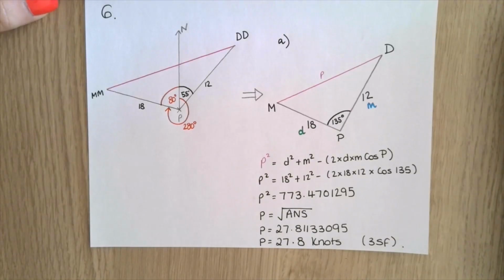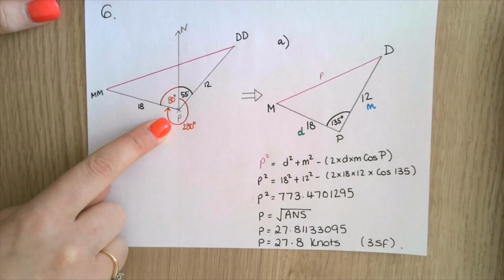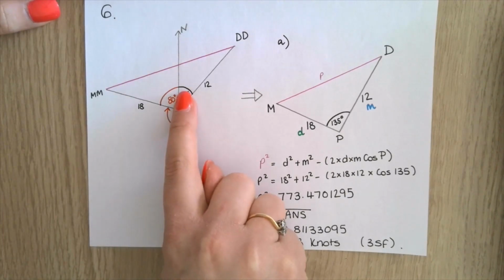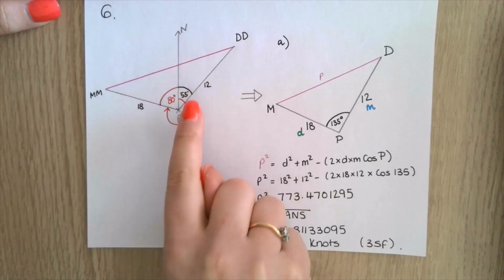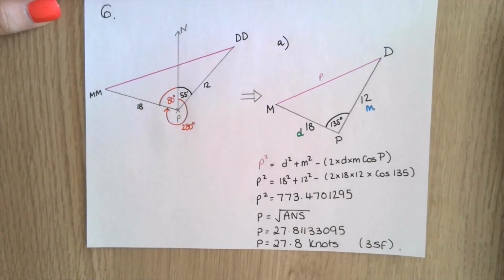Okay, so looking at question 6, you're told in the question that two ships leave a port at the same time. So the first thing I did was to draw on the port. I'm told that Darling Dave sails at 12 knots on a bearing of 55 degrees. So just a diagram from your north line, a bearing of 55 degrees, 12 knots.